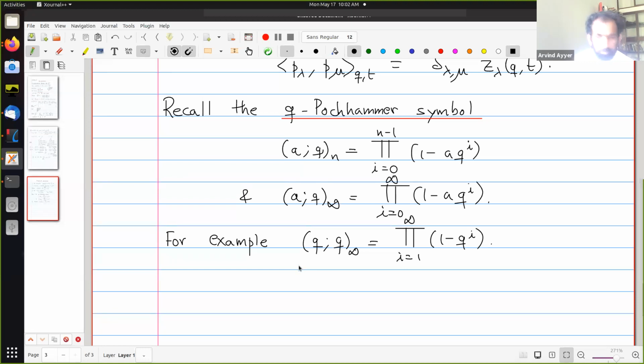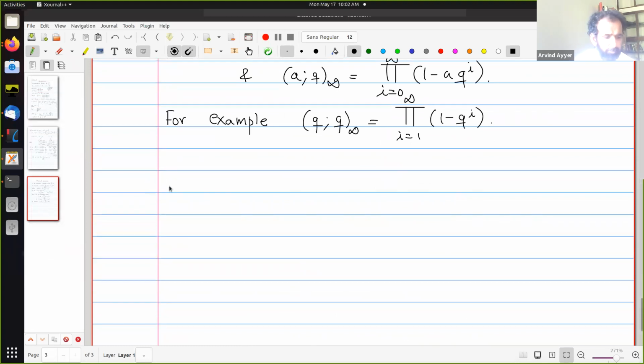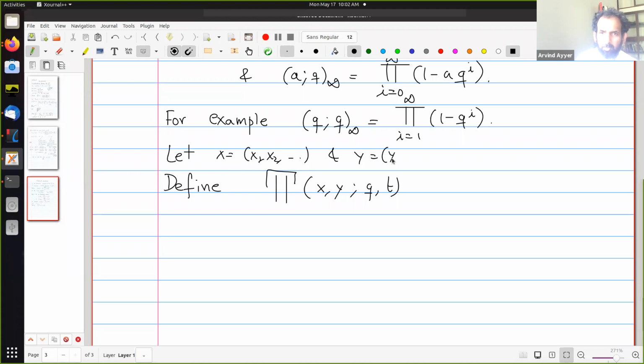Okay, so why is this a natural thing to do? In some sense, it is given by this theorem. So before that, define, using the same notation as for the Hall-Littlewood, capital Pi of x, y; q, t. So let x equals x1, x2, etc., and y equals y1, y2, etc., be two families of indeterminates.